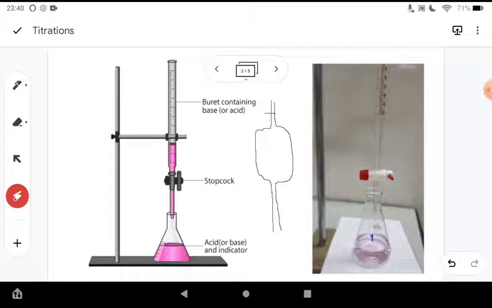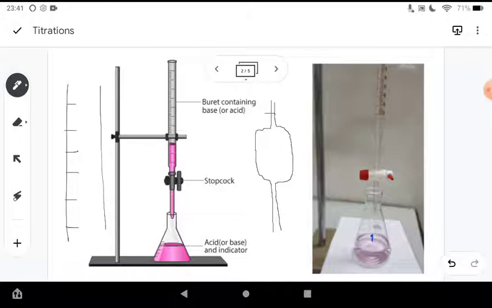Now, when it does that colour change, I'm going to immediately turn off the tap, and I'm going to take a reading. And on that reading, it's going to look like this. As you go down the burette, you'll see these markings, and you'll see that the solution forms a little dip.